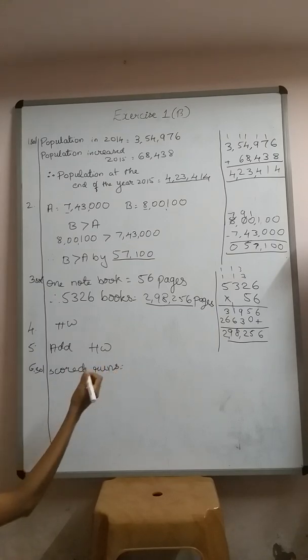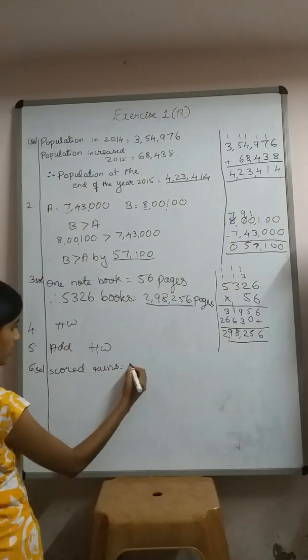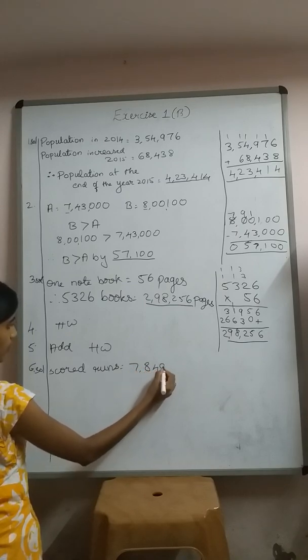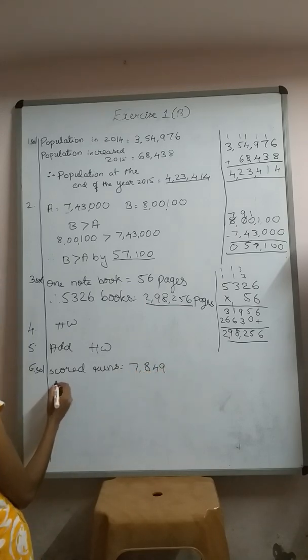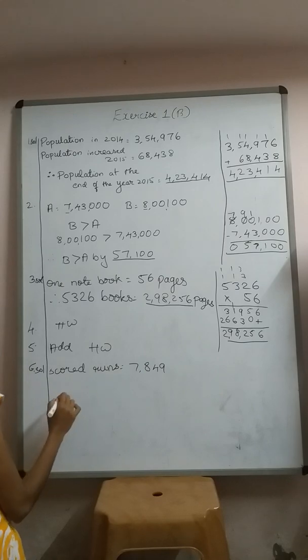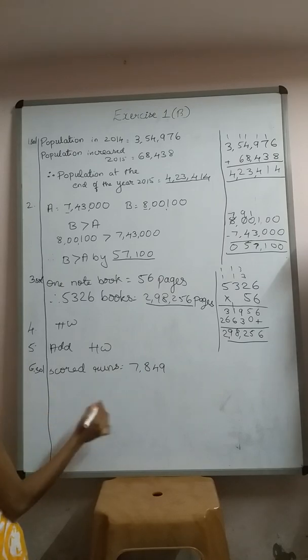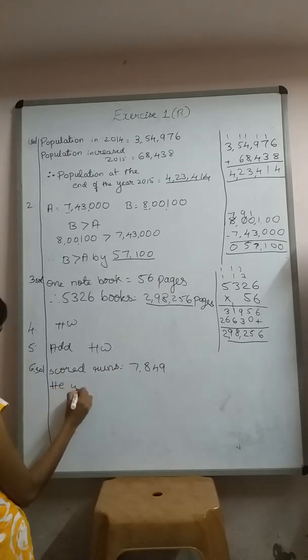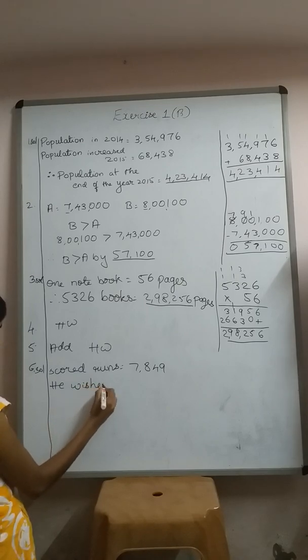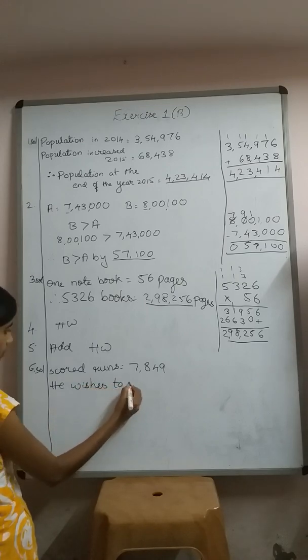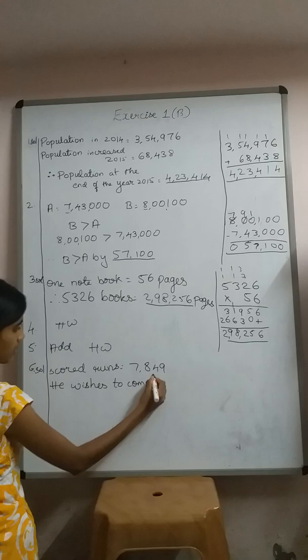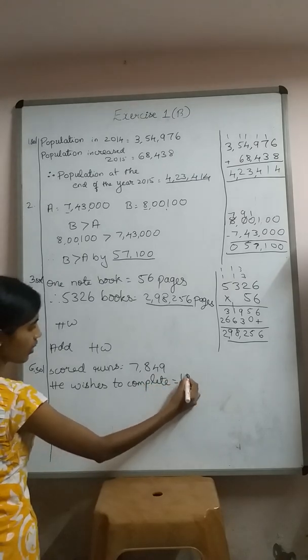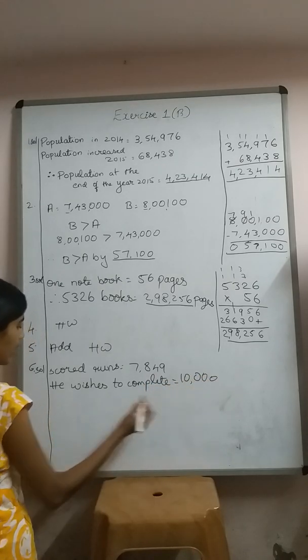Let us see how to solve it. Fine. Next what we need to write. We know the scored runs, that is 7,849. Then he wishes to complete, as I mentioned in the problem, how much? It is 10,000.